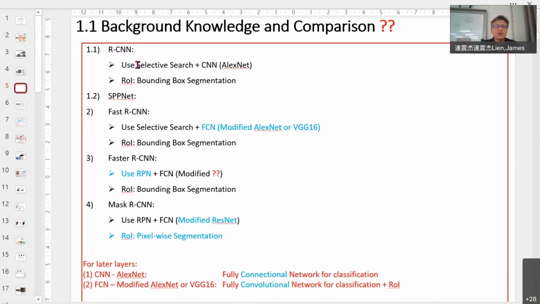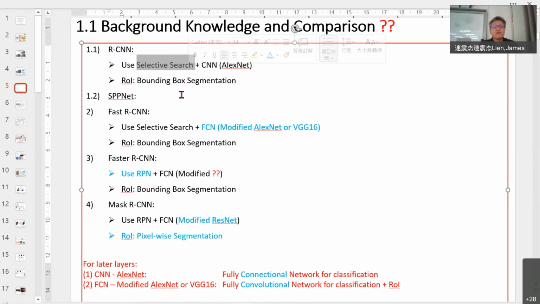RCNN uses computer vision for detection, which we call selective search. They use this for detection, and then use a CNN, AlexNet, for classification.